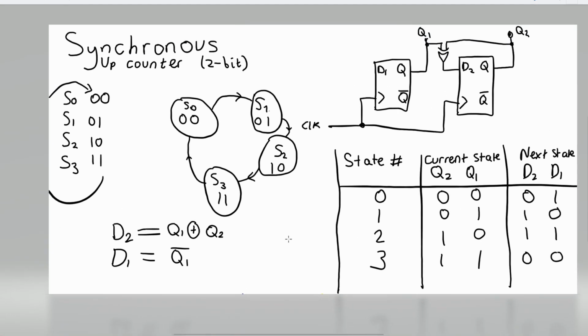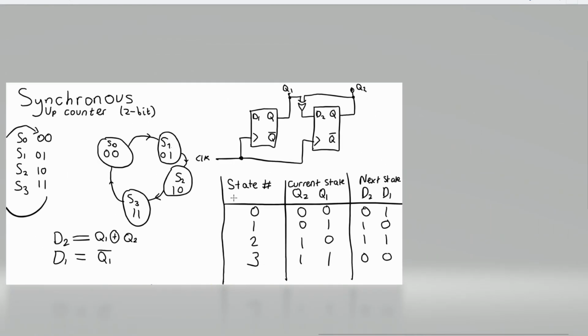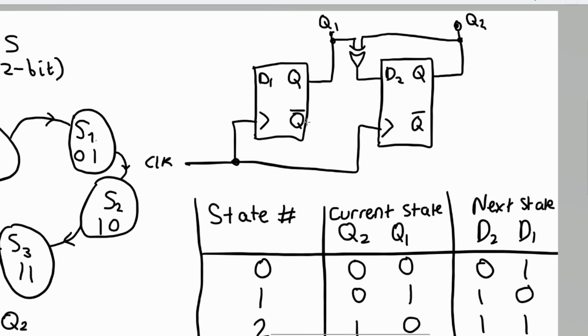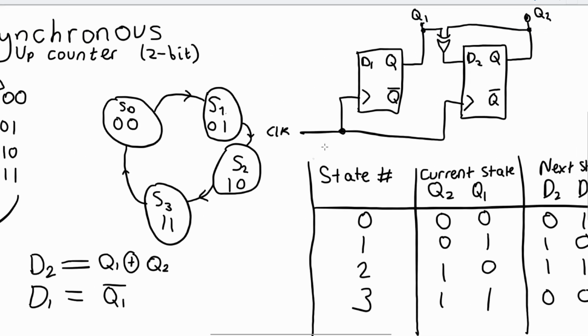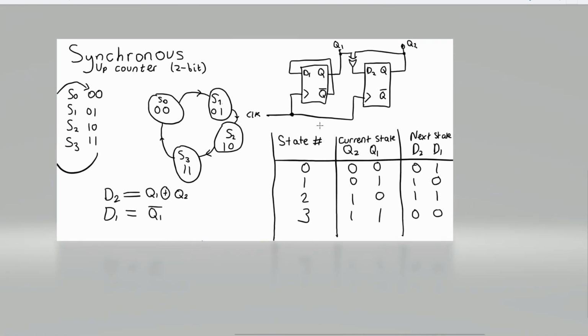And since D1 is not Q1, we could go from Q1 and then draw a NOT gate, but there's no need because we have Q bar here, which is the same thing. So that's our circuit.